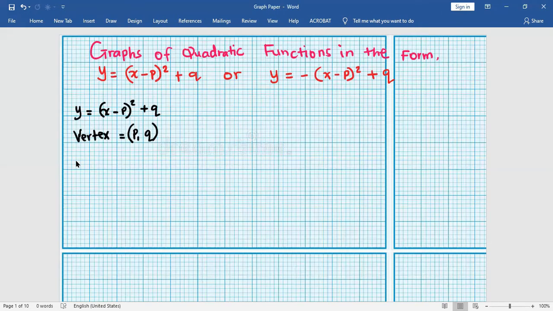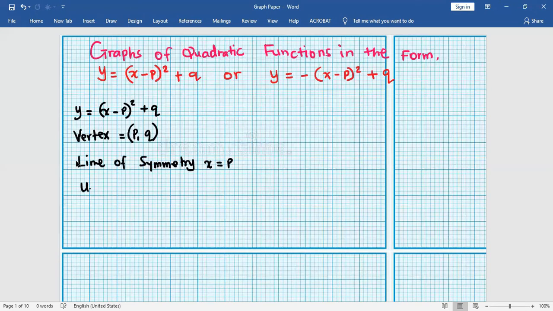Then also, the line of symmetry is always at x equals p. This p, this x value, it is always the line of symmetry. And then it opens upward.